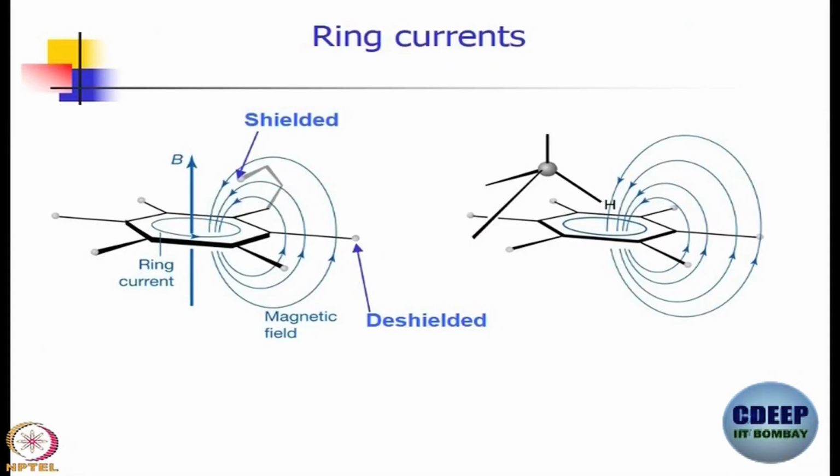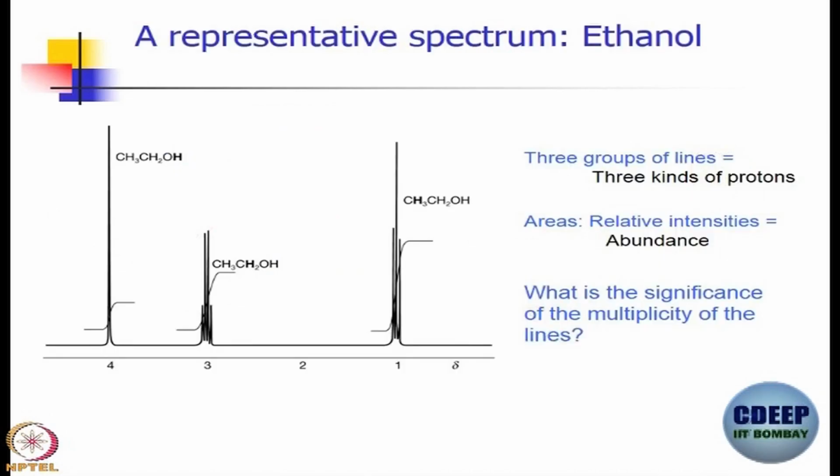Obviously this has been discussed in the class in detail, what is the effect of the ring currents on an aromatic system like a benzene ring. For the same ring current, your B is operated along the Z axis. So some protons will be shielded and some protons will be deshielded due to the ring current. That I'm not going to discuss in detail.